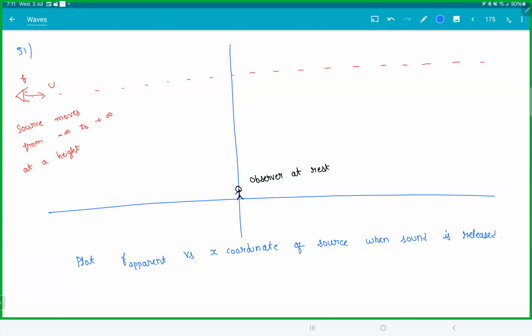Again, understand, we don't care about the distances. We are only interested in the velocity components.